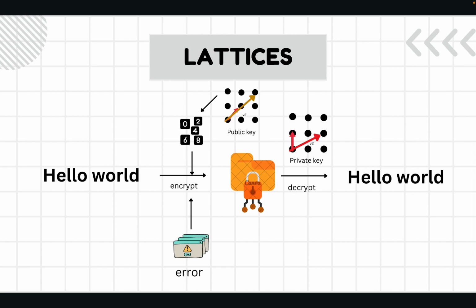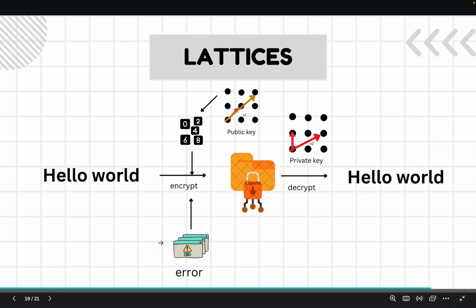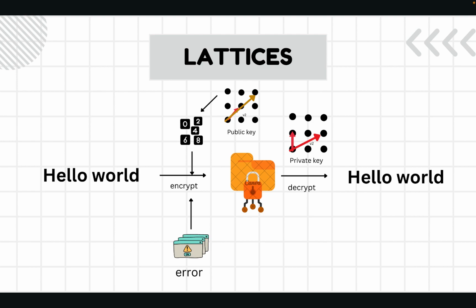You encrypt the message, a process involving mathematical operations with the lattice structure, to transform the message into a form that can be securely transmitted. The numbers 0, 2, 4, or 6 might represent some part of the encrypted data or related noise added to the encryption, accounting for the potential error.